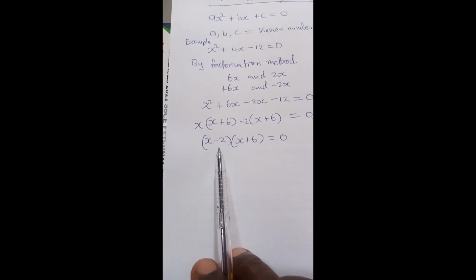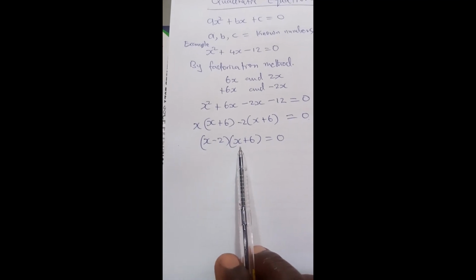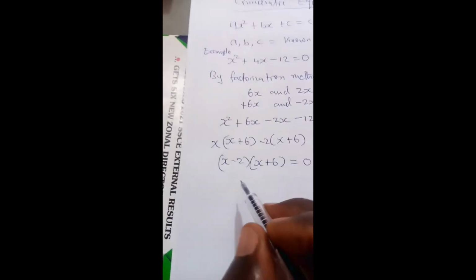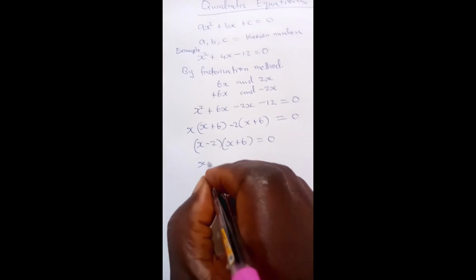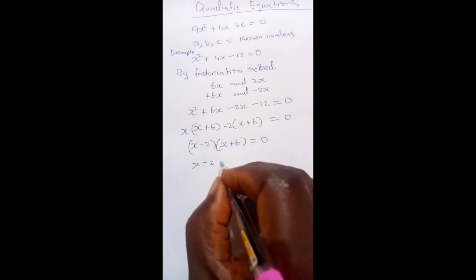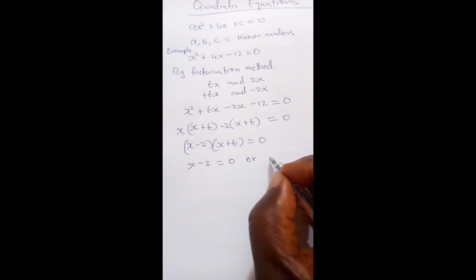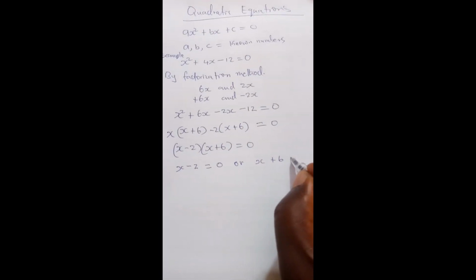What this means is x minus 2 and x plus 6 is equal to 0. This therefore means that x minus 2 is equal to 0, or x plus 6 is equal to 0.